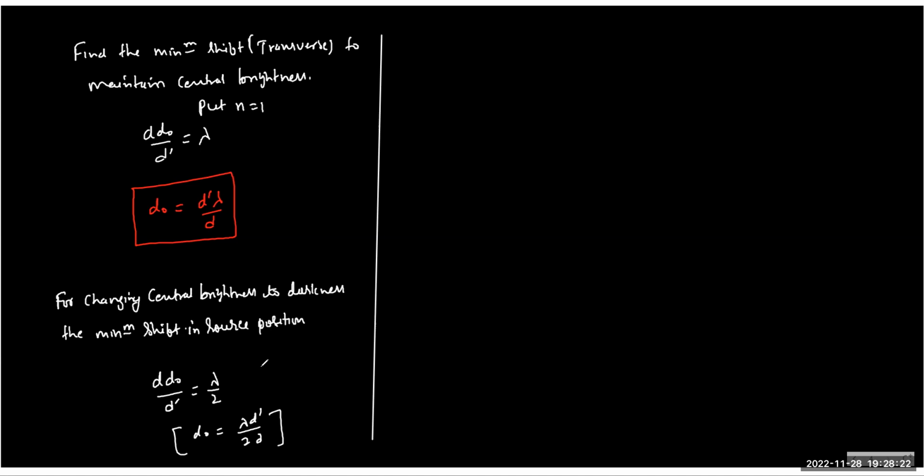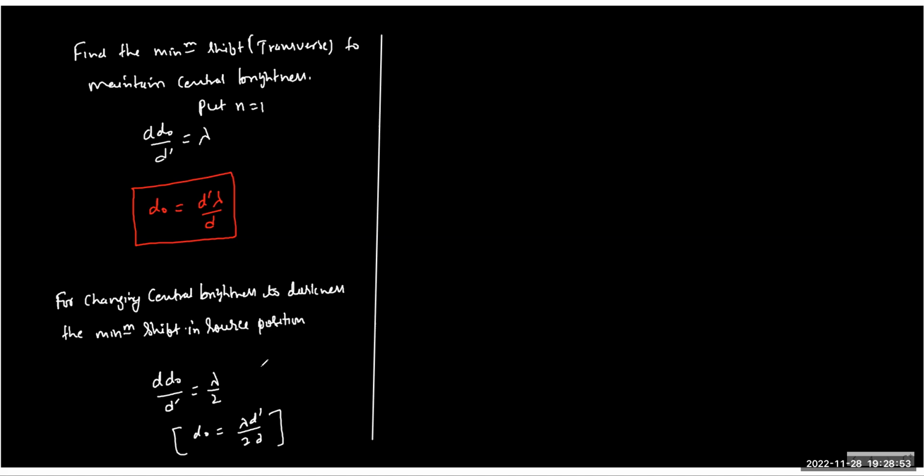So now the question is how to count the total number of bright fringes and total number of dark fringes on a screen for a given YDSE. As you have realized, shifting of the source can only affect the position, but it will never affect the count.